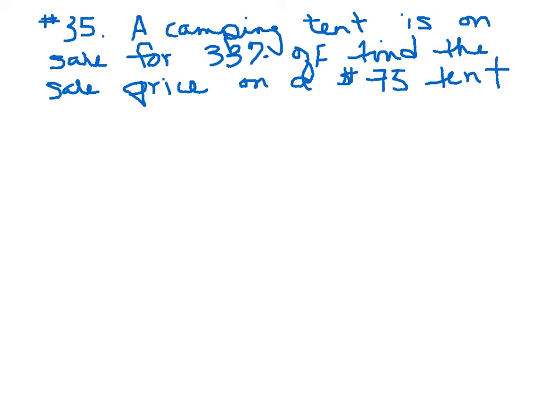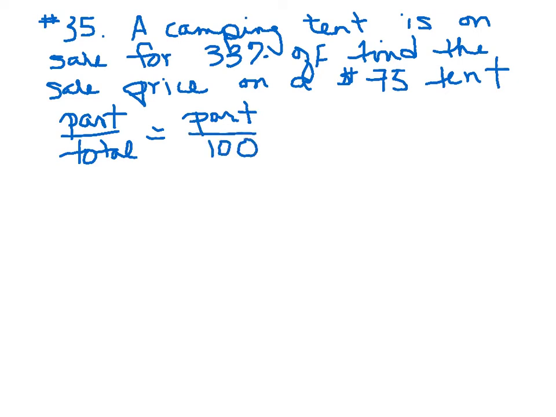So in this case here, what I do know is part over total is equal to part out of 100. So the percent is easy, because that's going to be 33 1/3 out of 100, because that's my percent.